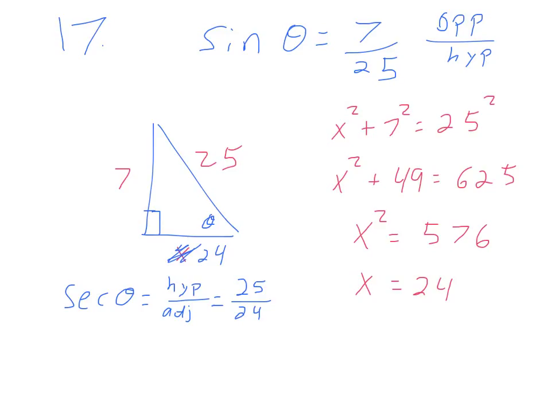And then tangent. Well, tangent is opposite over adjacent. That's going to be 7 over 24.